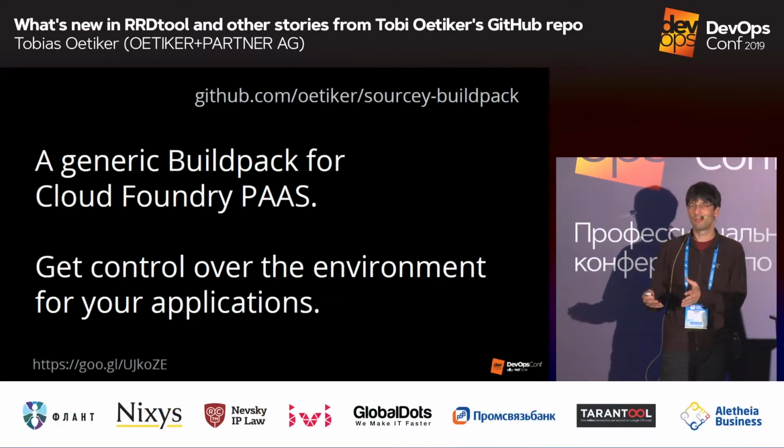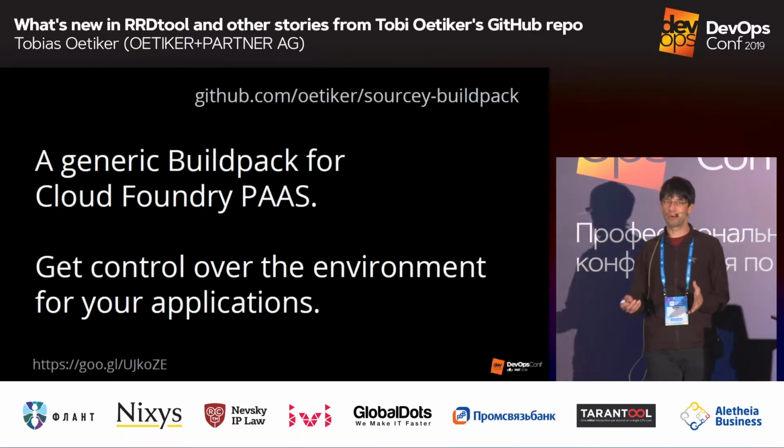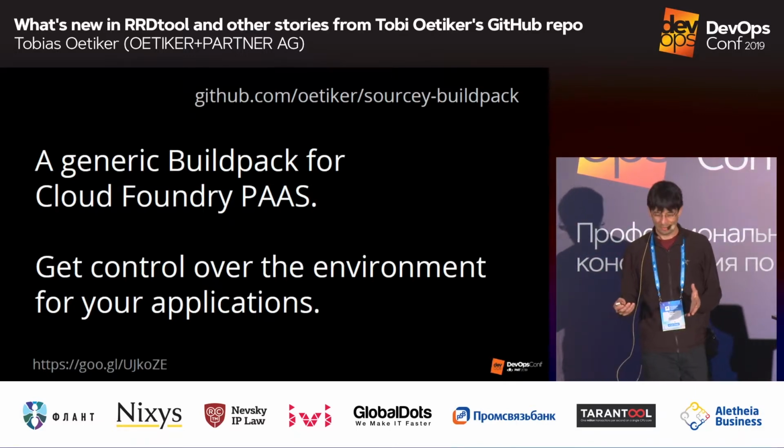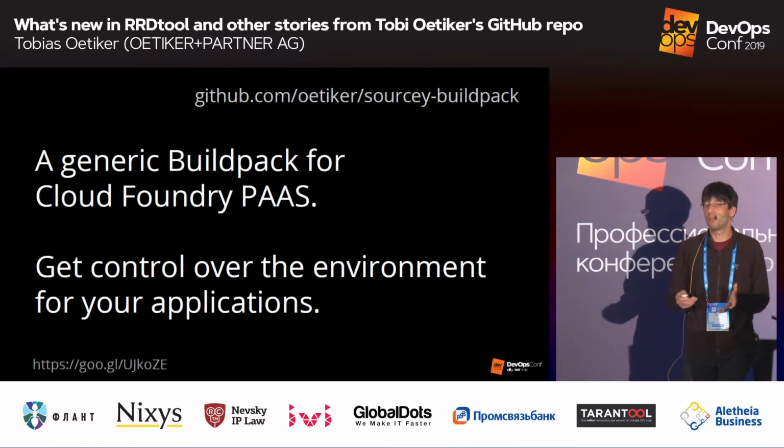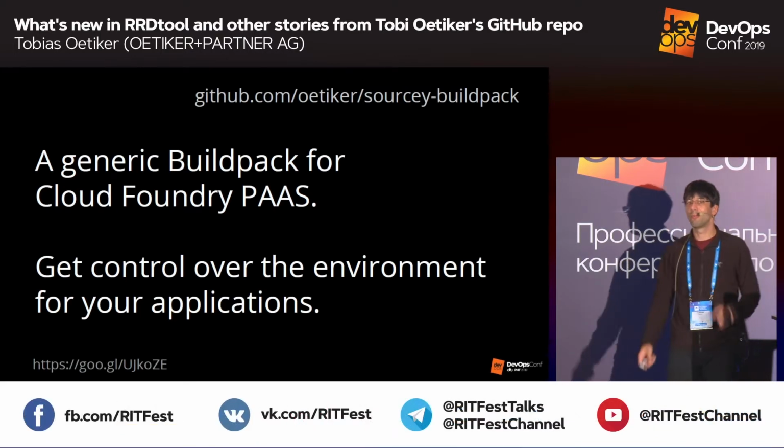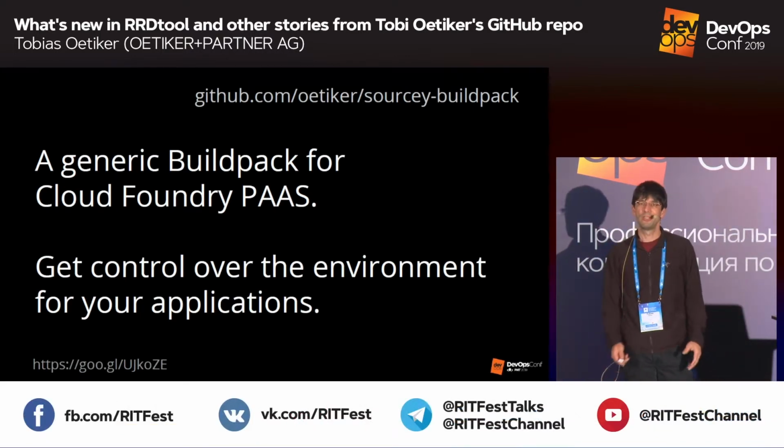So while it has been originally conceived to make Perl run on Cloud Foundry, you can use it for any system where you need to compile special libraries or newer versions than are included on the base installation of Cloud Foundry, for example.